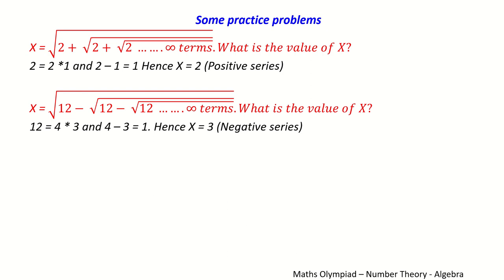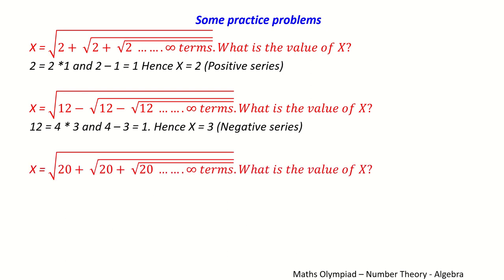It's a negative series, so you take the smaller value, x equals 3. Next, x equals square root of 20 plus square root of 20 plus square root of 20, infinite terms. 20 equals 5 into 4, and 5 minus 4 equals 1. It's a positive series, so you take the higher value, x equals 5.